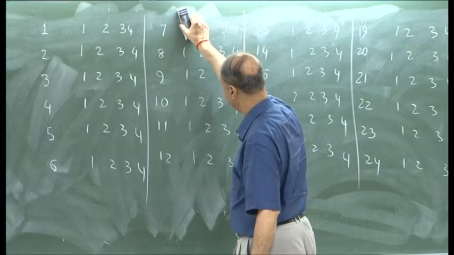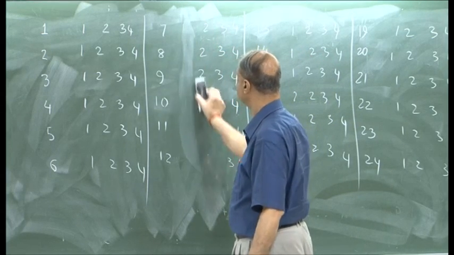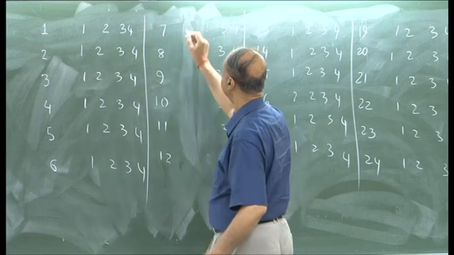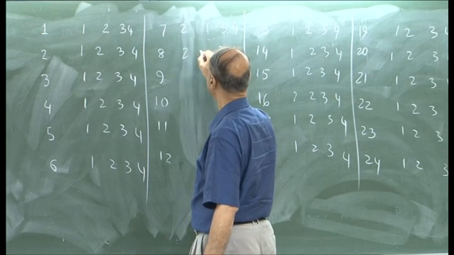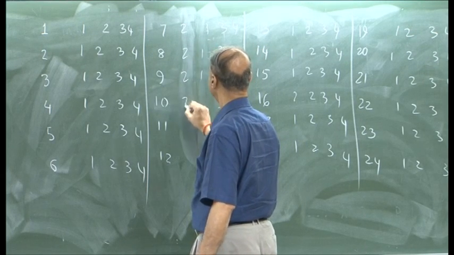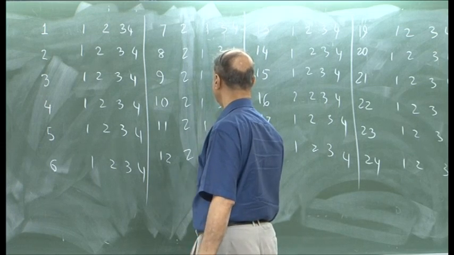But here, this will be interchanged: 2, 1, 2, 1, 2, 1, 2, 1, 2, 1, 2, 1.